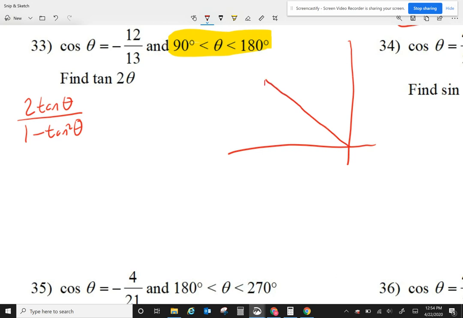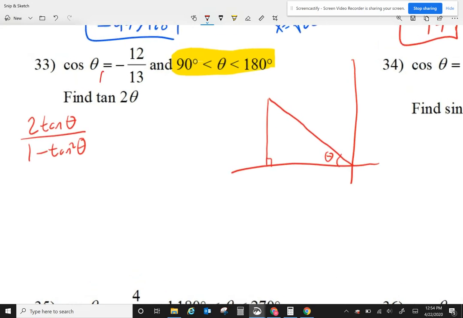I have to make a 90-degree angle where the 90 degrees is on the x-axis. So here's theta. I have that the opposite, oh no, adjacent, because remember cosine is adjacent over hypotenuse. I have the adjacent is negative 12, because that's where I use the negative on the adjacent. The hypotenuse is 13. Since I'm using tangent, I do need the opposite. So I'm going to say it's x for right now.